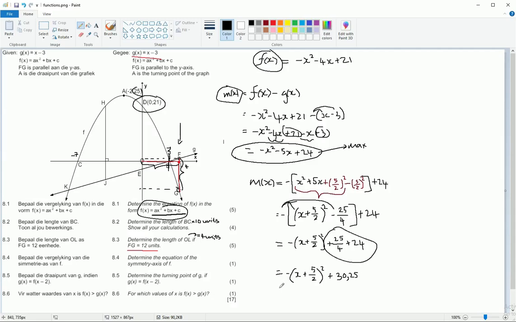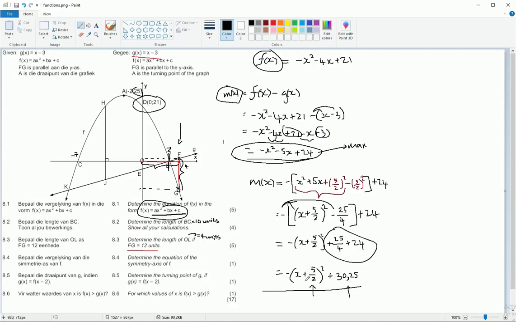Right, so now let's make sense of this quickly. What is this? We've now completed the square, right? We completed the square of that equation. We said this equation over here was the distance between your two graphs when the parabola was on top. So this over here describes the distance between your two functions when the parabola is on top, and we have a certain p value and a certain q value.